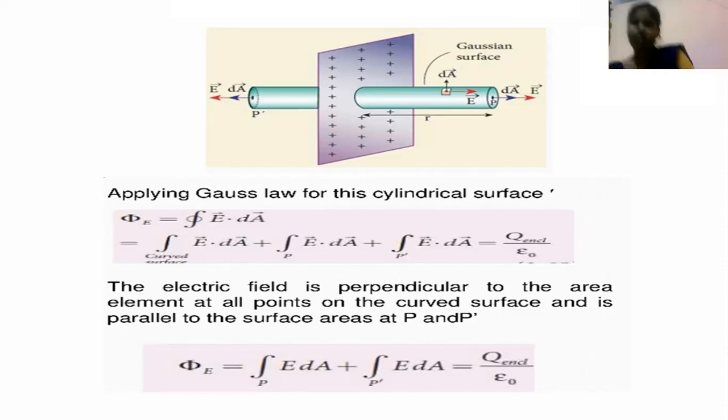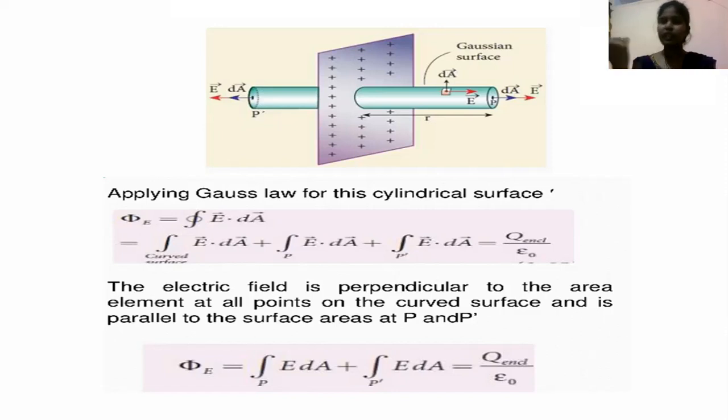Now we look at the different cases. At P and P dash, E is parallel to dA, so the flux exists through the P and P dash points. Now from the middle part, what happens there? E is pointing away from this plane.